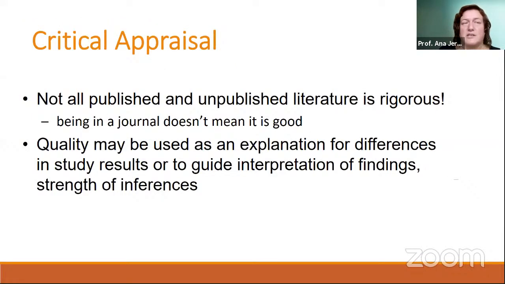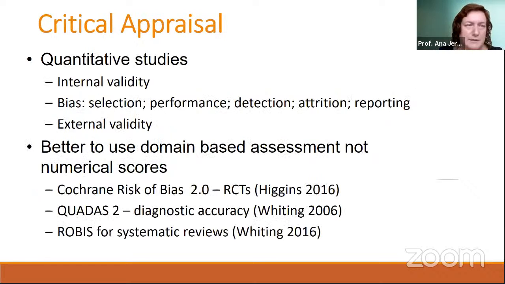After data extraction, we need to do critical appraisal. Why? We already know not all studies are done with the same standard. Some studies are methodologically really poor. We need to identify those studies and see whether the fact that they were conducted poorly affects our overall result.